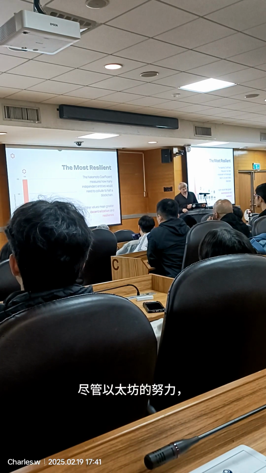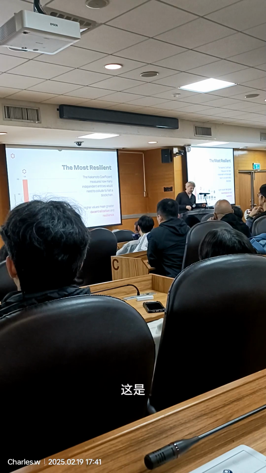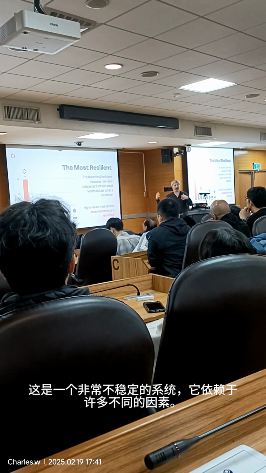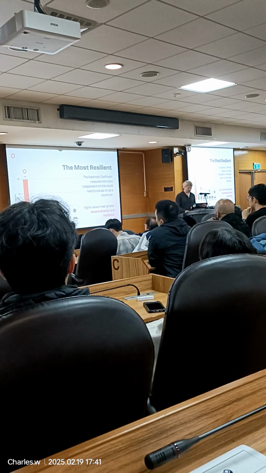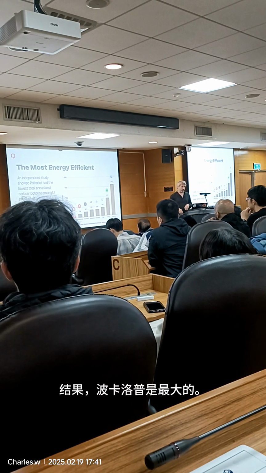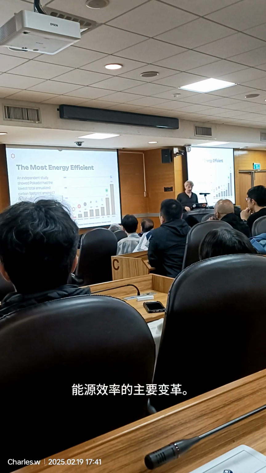Ethereum, despite its efforts to decentralize through having lots and lots of validator keys, has a Nakamoto coefficient, the number of independent economic actors that have to collude to break the system, of only about 2 or 3. And it turns out that Polkadot is the most energy efficient of the major chains.